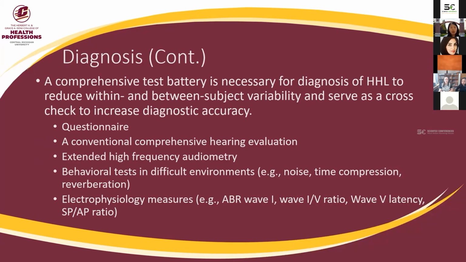So in summary, a comprehensive test battery, from questionnaire to electrophysiology measures, is necessary for diagnosis of hidden hearing loss to reduce within and between subject variability and serve as a cross-check to increase diagnostic accuracy.